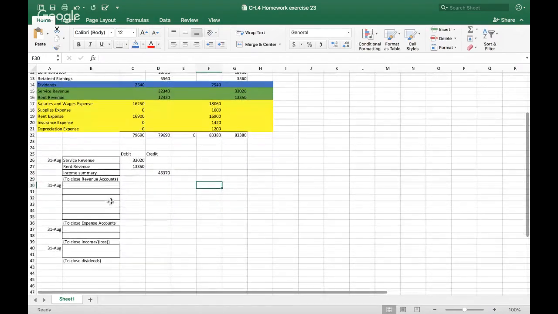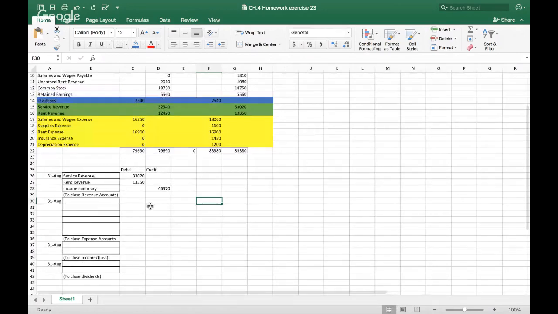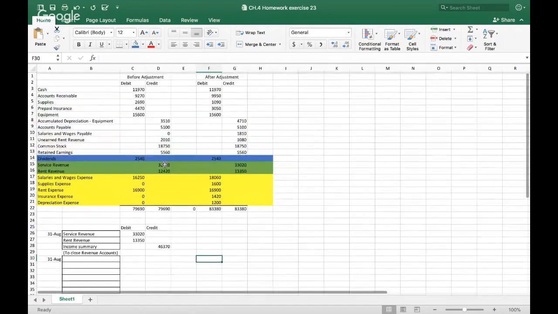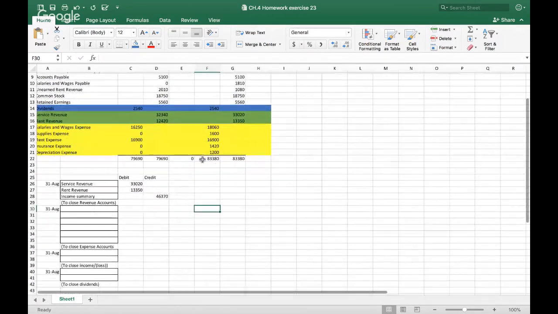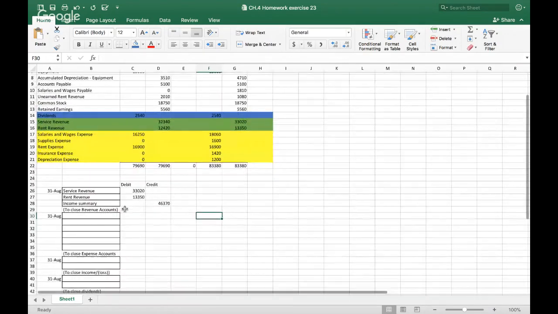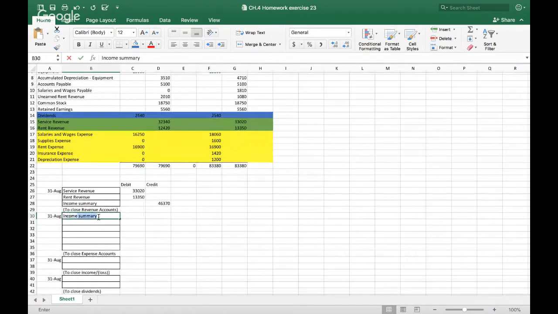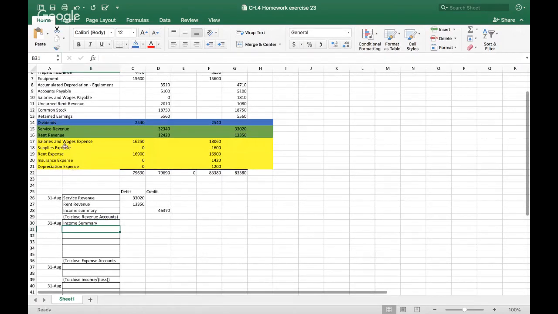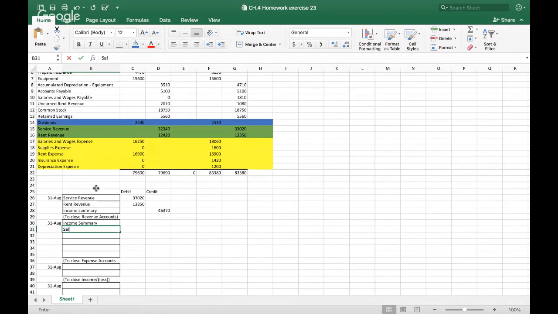Okay, and now we're going to move on to our next one. These are our expenses, and since the natural sign of expenses is debiting, we're going to credit our expenses. Now, credits always follow the debits, so we're actually going to put our income summary first. Don't know what this amount is yet, so we're just going to leave that there. I've highlighted the expenses in yellow, so we'll fill those in.